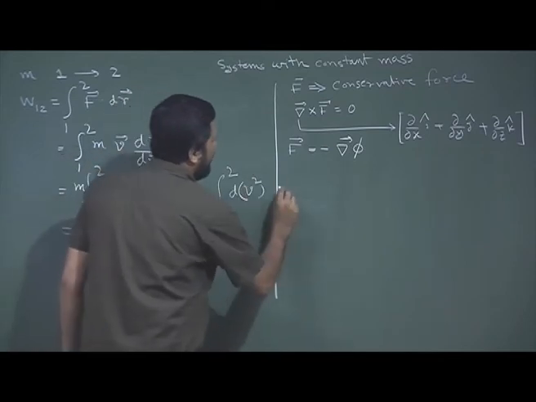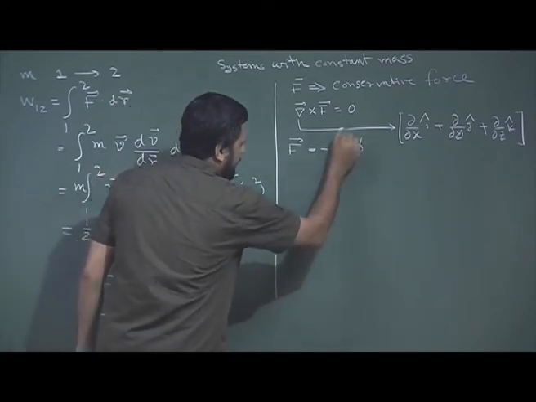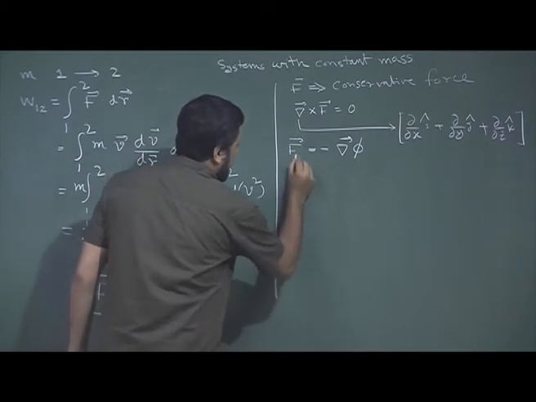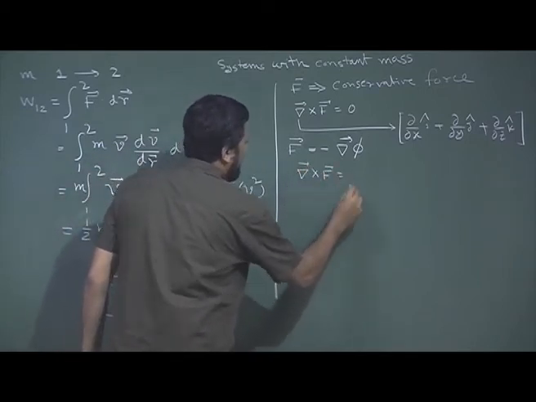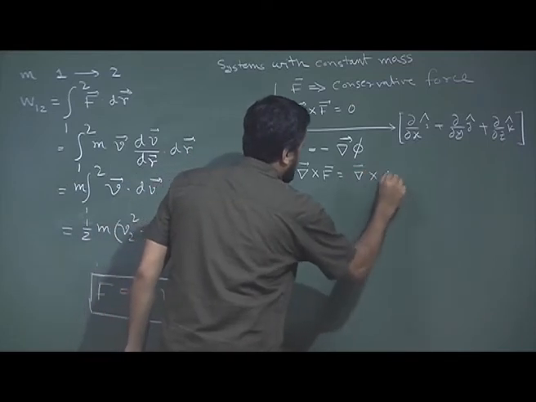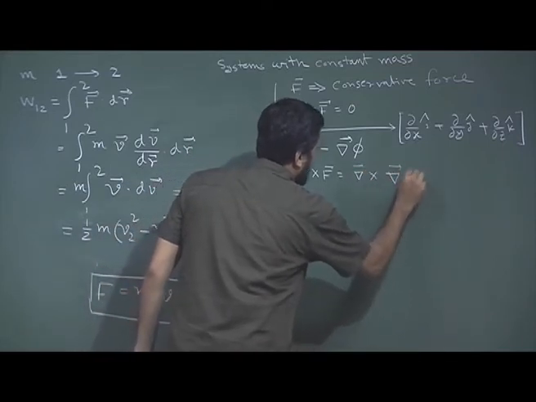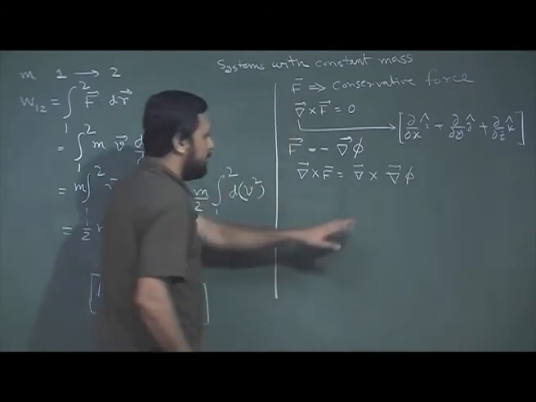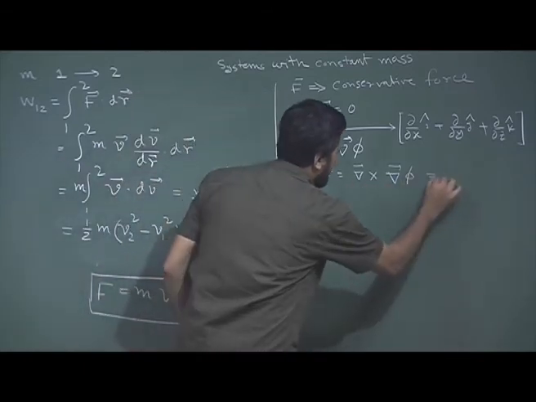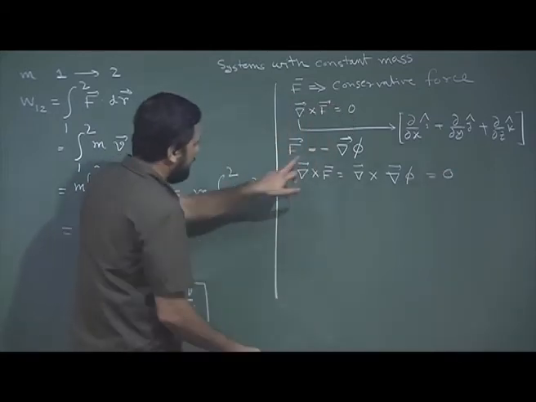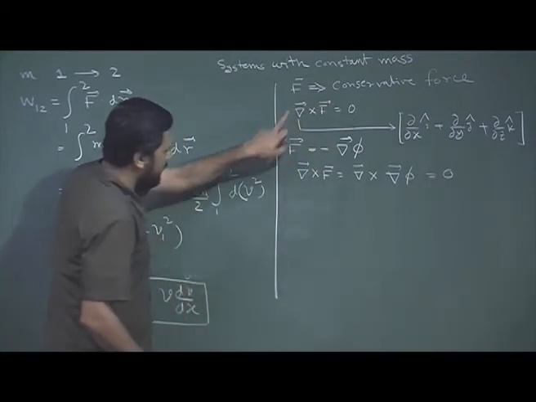Now, for now, if this is the case, then curl of F is curl of grad of phi, and from our vector calculus we know that curl of grad of some scalar field will always be equal to 0. So, if this is the case, then this will be a valid equation.